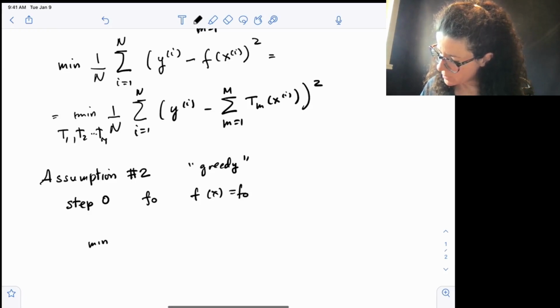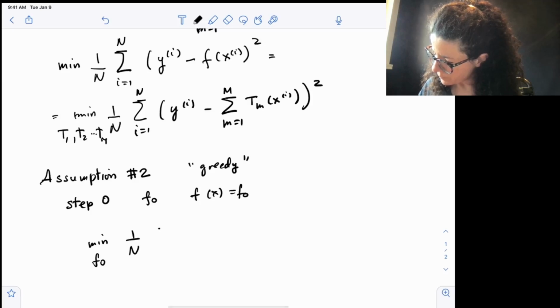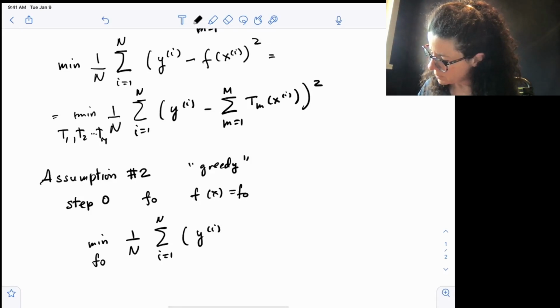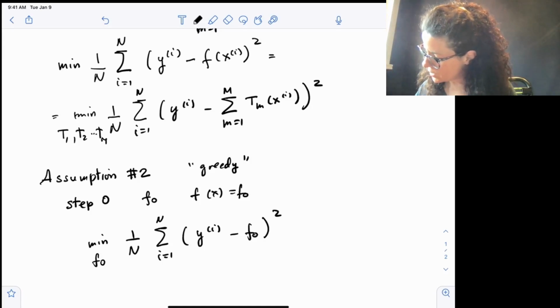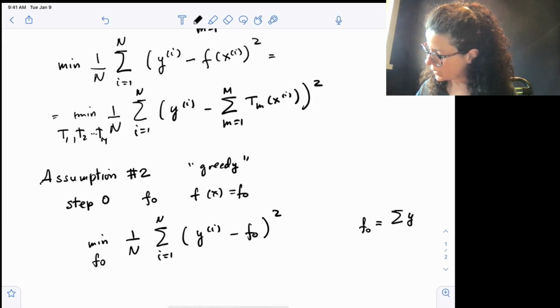We have to minimize with respect to f_0 the quantity 1 over n, sum over i equals 1 to n, of y_i minus f_0, squared. So, what is the solution to that equation? Hopefully by now you know this because we have talked about this before, and otherwise I hope that you can prove that this is true. The solution for this equation is f_0 equal to the mean of the target variables.